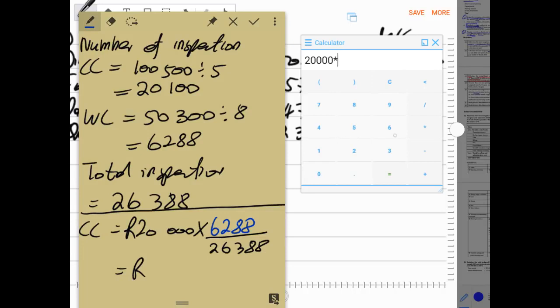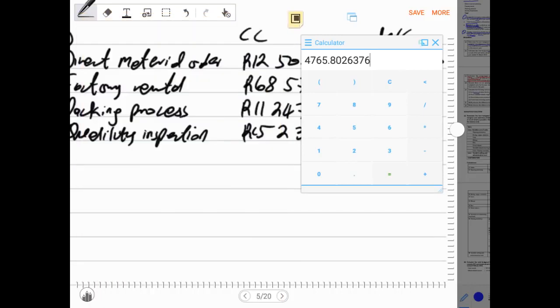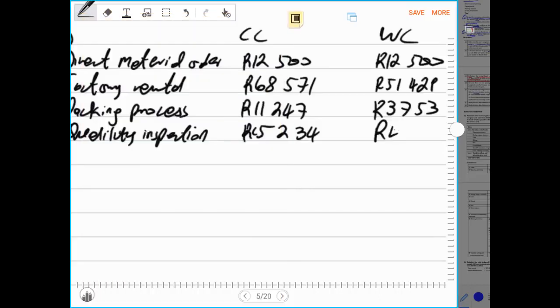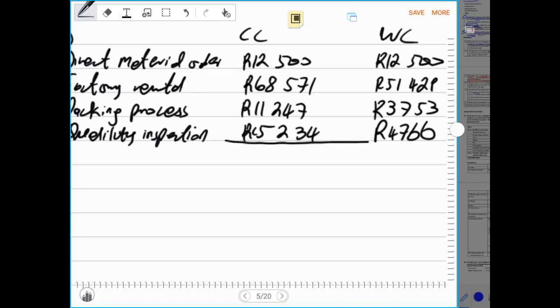Times this by 6,288, divide this by 26,388, and it gives me a total of 4,766. Then now I can calculate all my total cost.